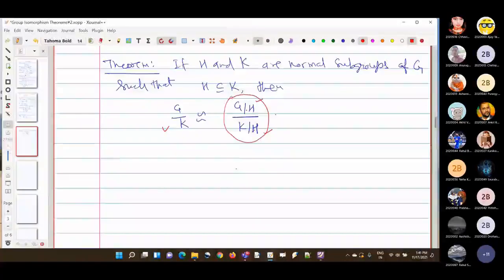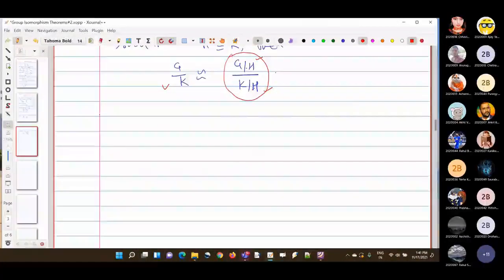So for this, we can refer to another result, a lemma. Of course, one can try to prove this, in which we prove that H is normal in G. Of course, this is given. That is, K is normal in G, and K by H is normal in G by H. So that we need to establish.